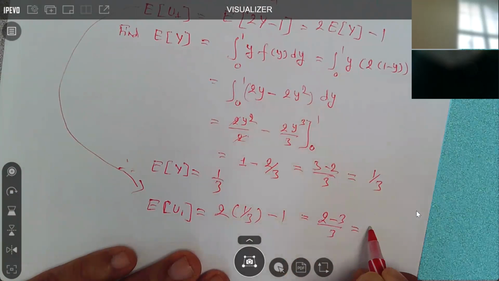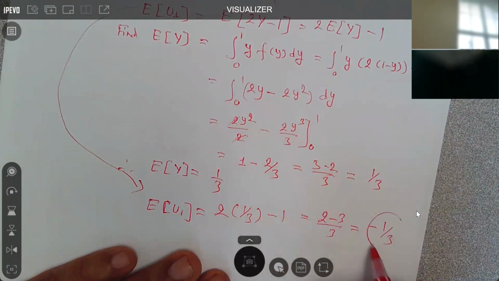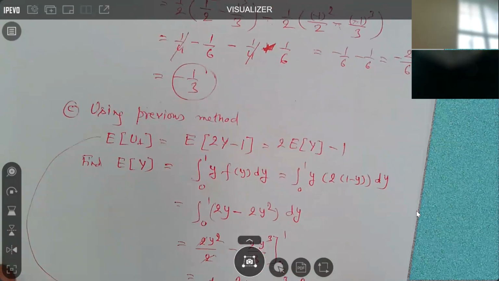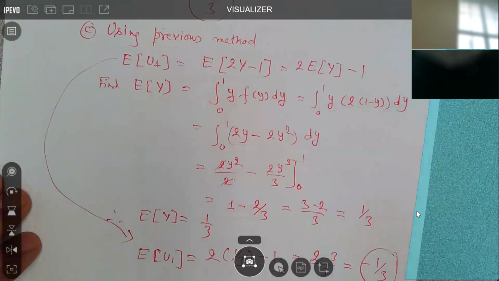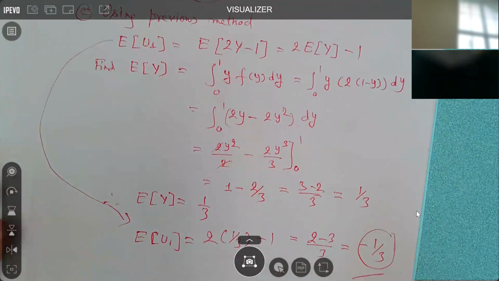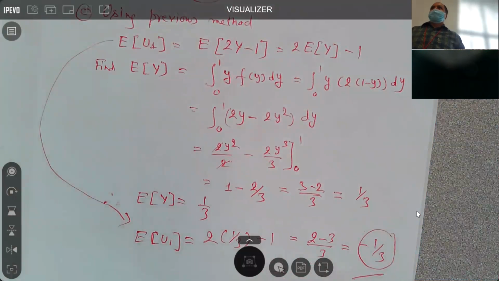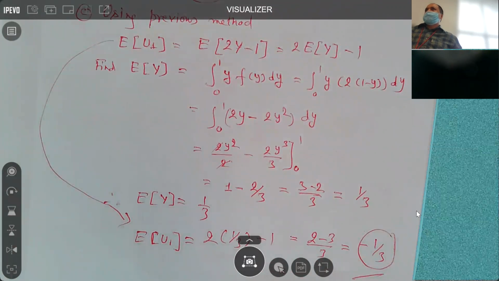So this is equal to -1 over 3. You get this one? Yes. Okay.